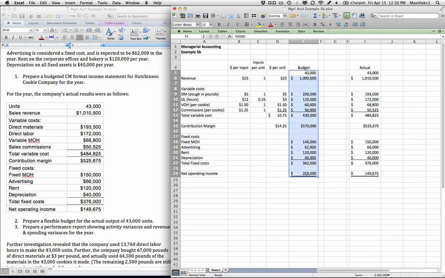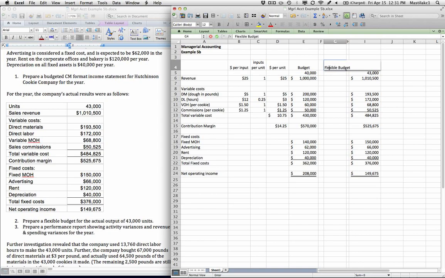Really what we're looking at when we look at our original planning budget and our actual results, if the units of activity aren't the same, then it's your proverbial apples to oranges comparison, because expenses at 43 and expenses at 40 should not be the same to the extent they're variable. So what can we do about this? Well, we can create a budget after the fact.